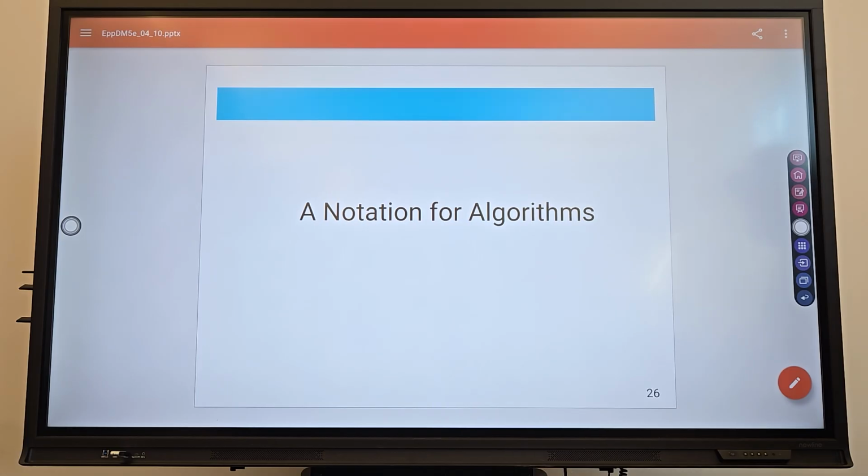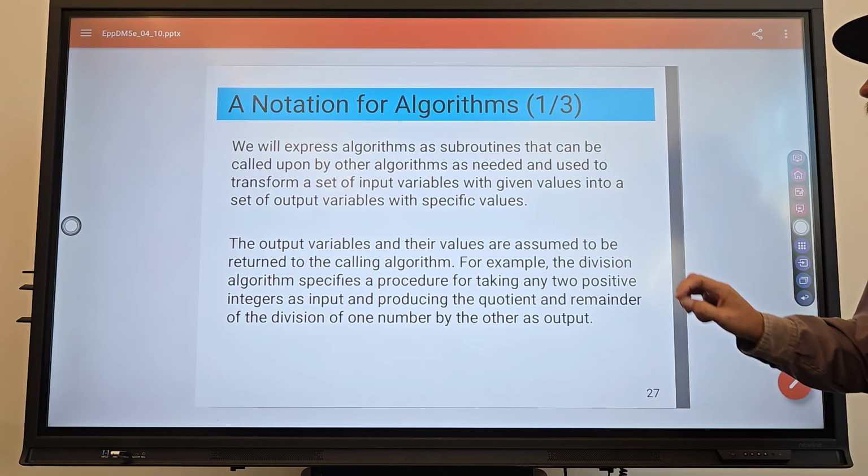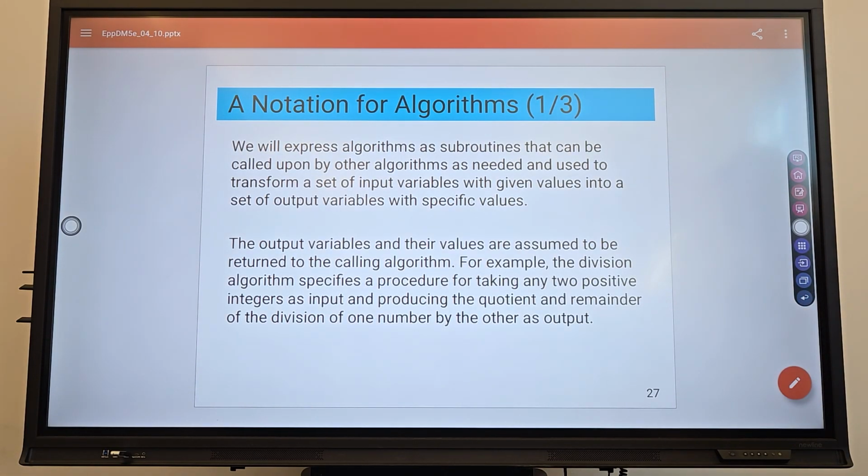A notation for algorithms. Express algorithms as subroutines that can be called upon by other algorithms as needed and used to transform a set of input variables with given values into a set of output variables with specific values. Output variables and their values are assumed to be returned to the calling algorithm.